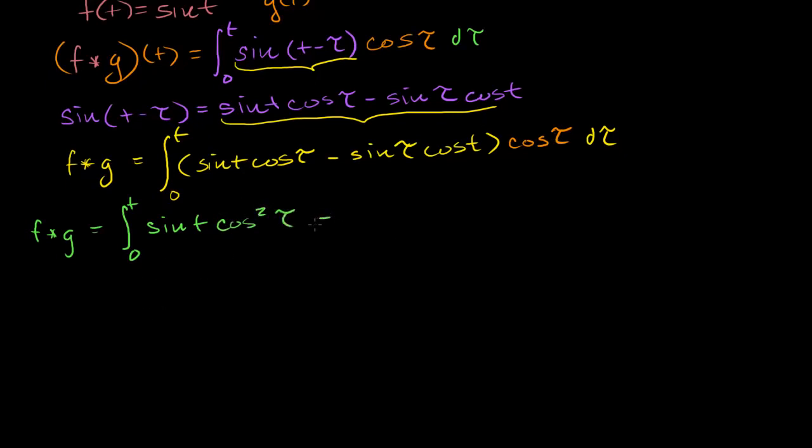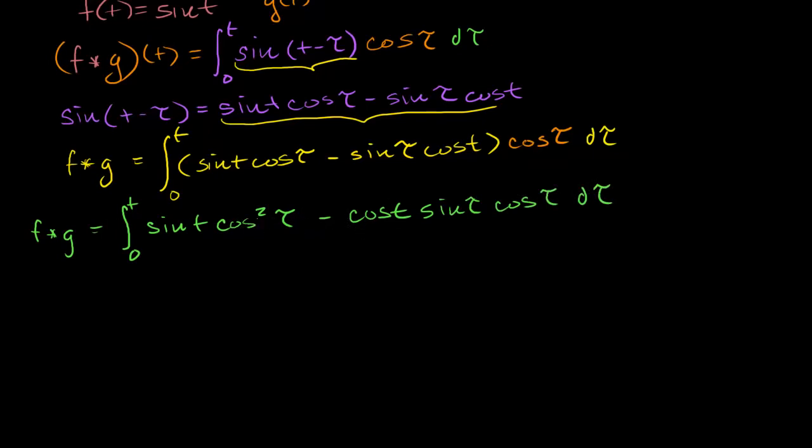And then minus, let's write the cosine of t first, and I'm doing that because we're integrating with respect to tau. So cosine of t times sine of tau times the cosine of tau d tau.